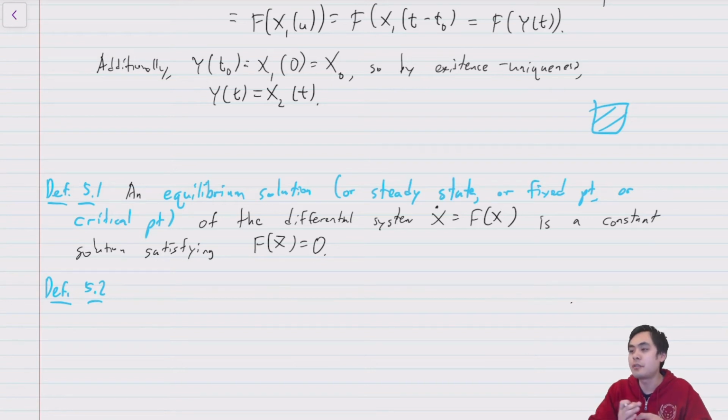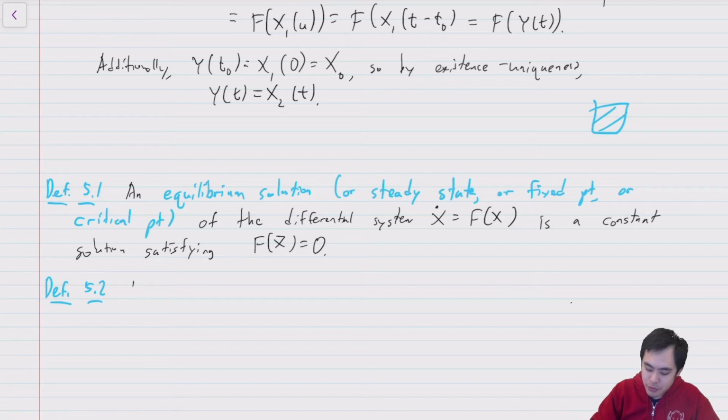Note that there's a slight difference here between difference equations and differential equations. With the difference equations, we talked about it in terms of repeated application of some function. Here, instead, we're talking about a function that is equal to the derivative of your x function. But this is just the standard difference between the discrete and continuous worlds.